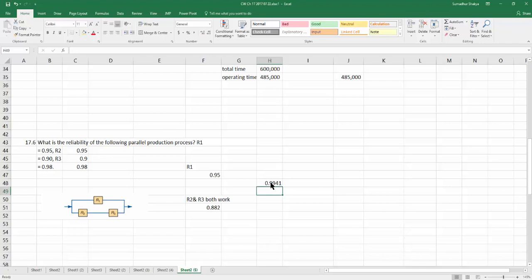Now again, the key takeaway of R1 being in parallel, or as a redundancy with the system of R2 and R3, is that the combined probability is higher than either of them individually. So if we had two people who had a probability of working 0.90 and 0.98, the combined probability is 0.88 that both of them would work. This happens to be less than either of them individually.